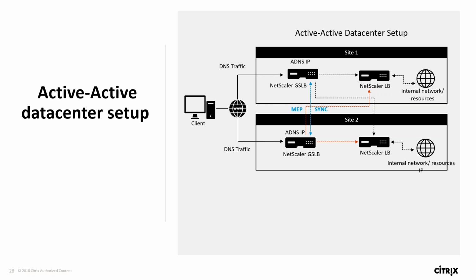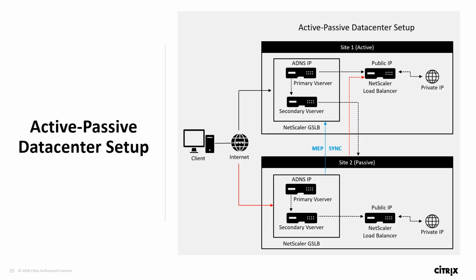The client then resends the request to the new virtual server at the new IP address. As both sites are active, the GSLB evaluates the service at both sites when making a selection, as determined by the configured method of load balancing.